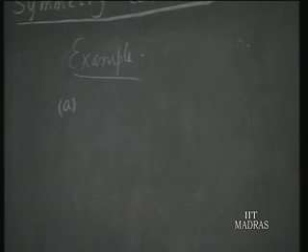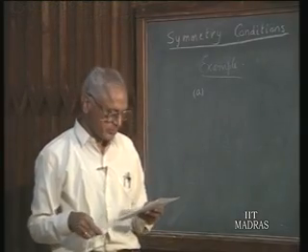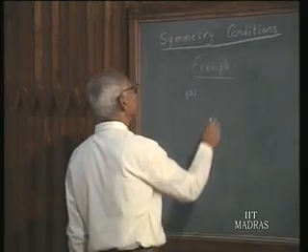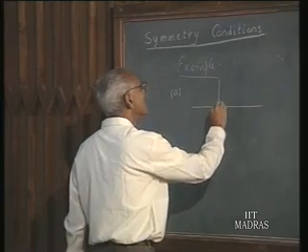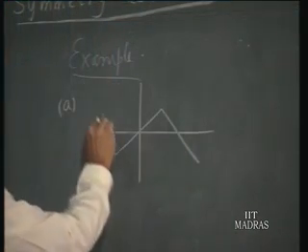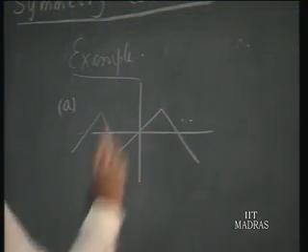Put down some waveforms and let us find out first of all what kind of harmonic components are present, making use of the various symmetric conditions that we have discussed. Suppose we have this kind of waveform.